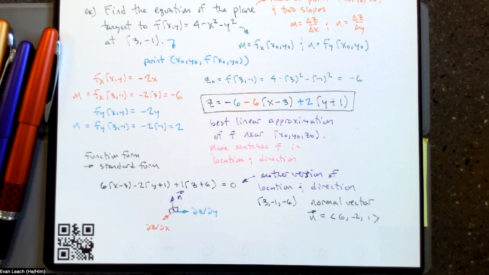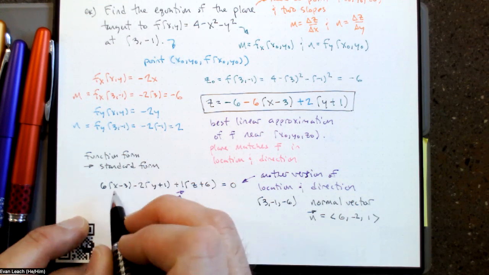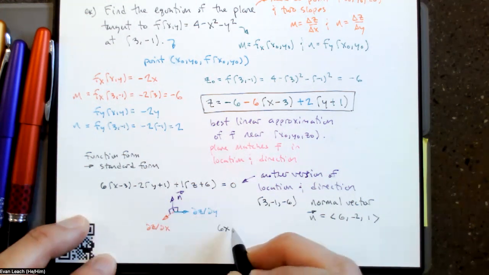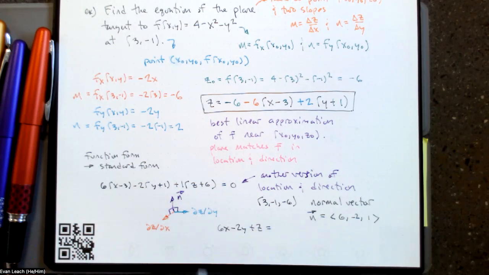Another way to write the standard form is to multiply everything out and not tie it to this point. So I run out of space. That's all right. So I'll have 6x minus 18. So I'll have a 6x minus 2y plus z. And then take all the constants and summarize them over here.